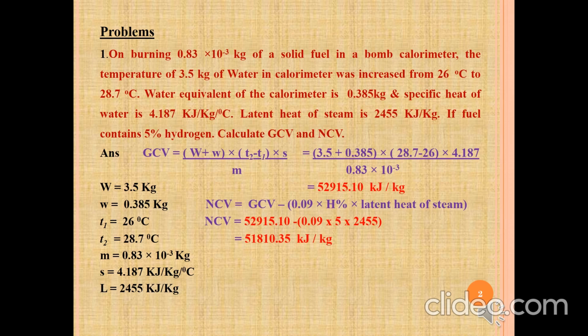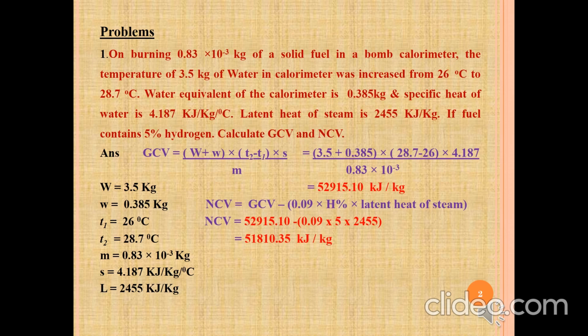So W is nothing but 3.5 kg, the weight of water taken inside the calorimeter. Small w is 0.385 kg, the water equivalent of calorimeter. Next, T1, which is nothing but 26 degrees Celsius, the initial temperature.